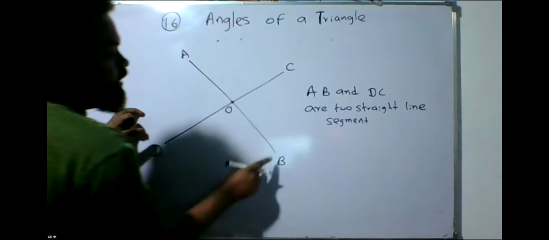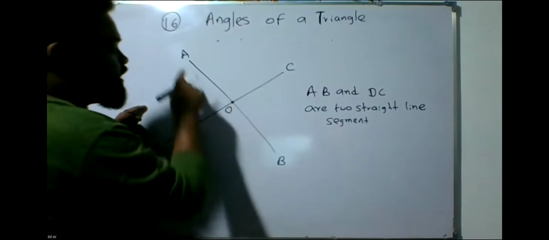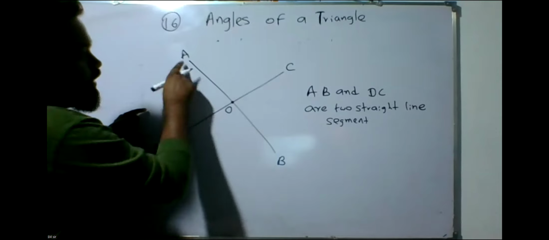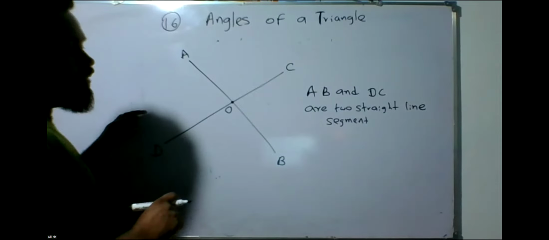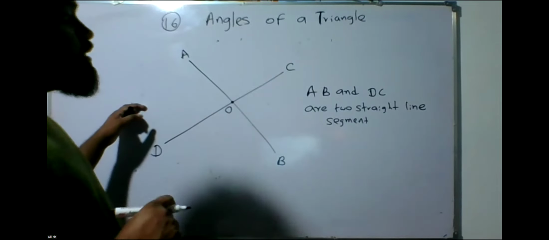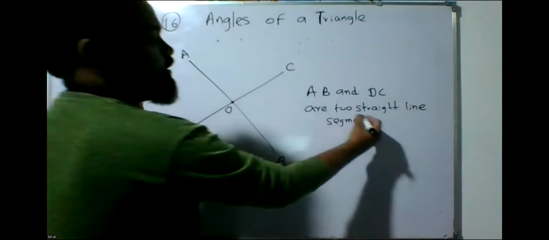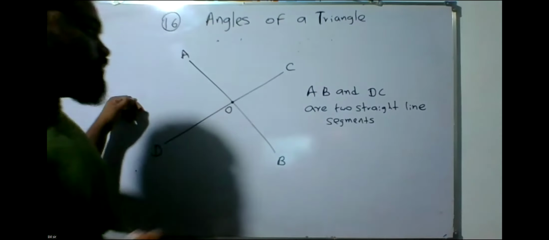This AB can be stated as AOB. AOB, COD. AB and DC are two straight line segments, right?